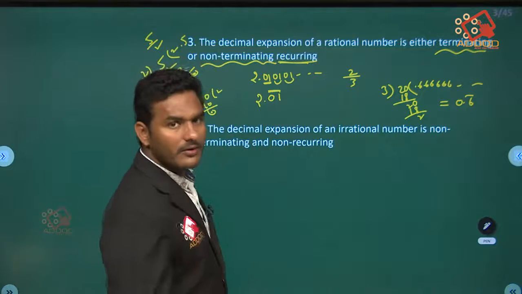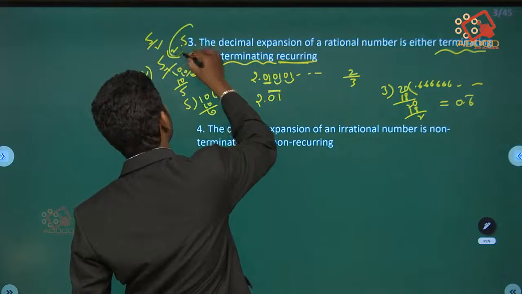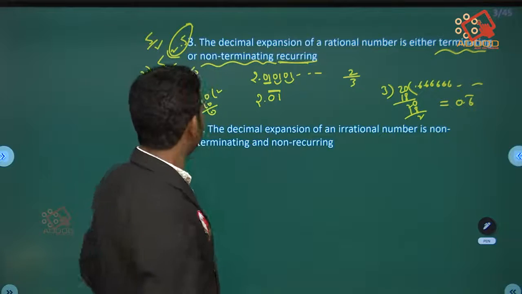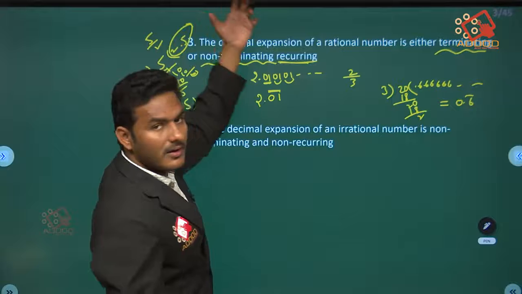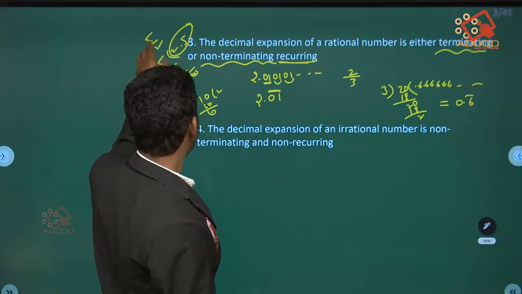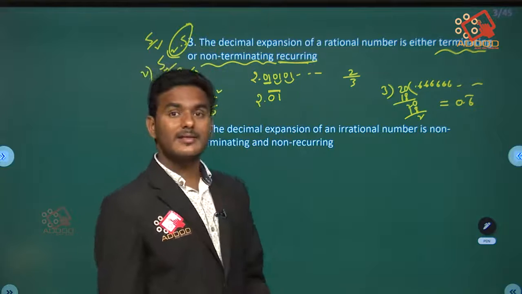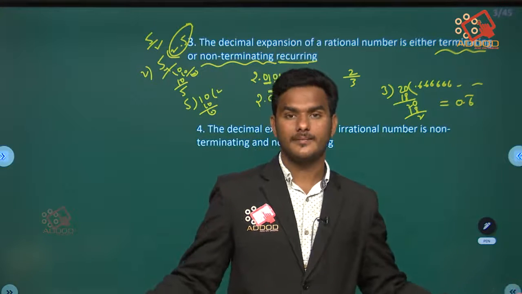Here you are getting 2.5, right? So after the decimal point, the decimal expansion is over right there. 5 by 2 means half of 5, which is 2.5. The decimal point is there, and the decimal expansion is terminated there only.